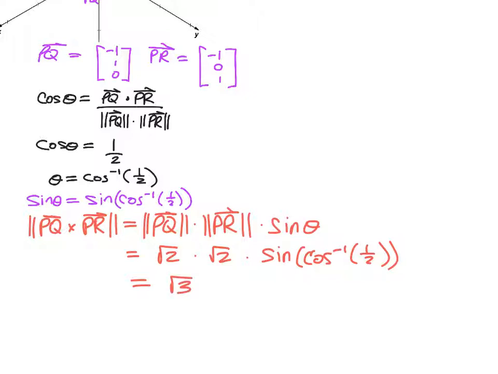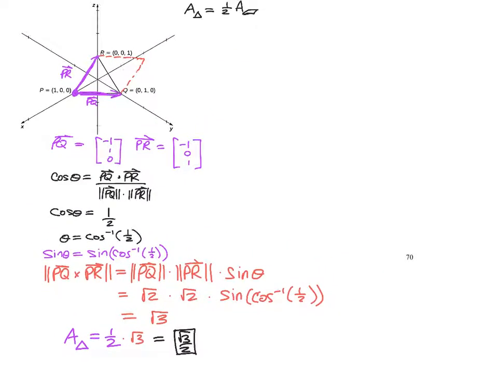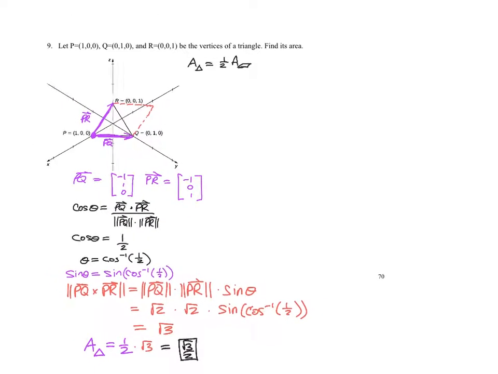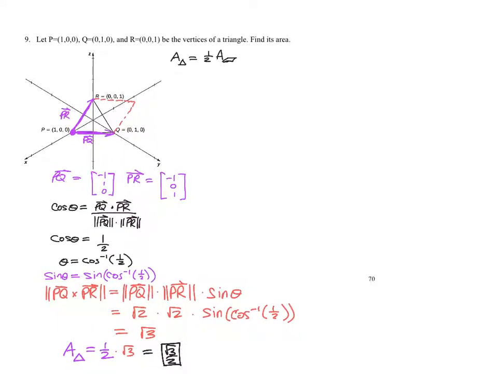Now again, the area of a triangle is going to be half of that. So radical 3 over 2 would be the area of the triangle.